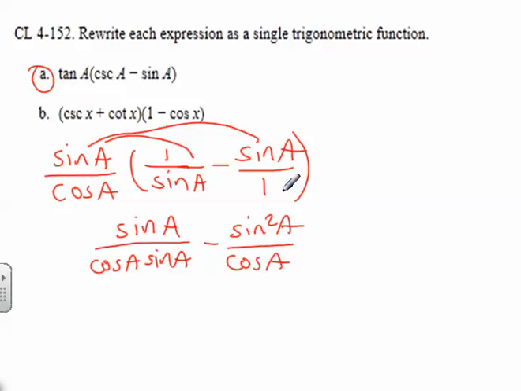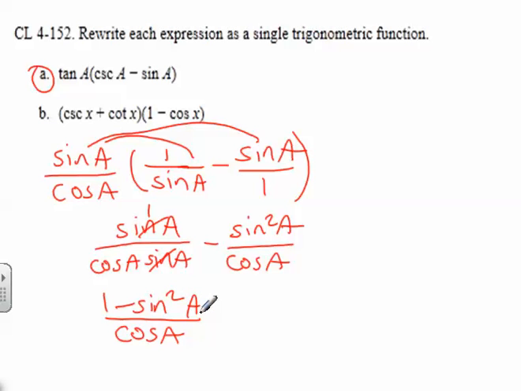And then I need to simplify a little bit. I've got a sine here and a sine here. Sine divided by sine is going to cancel, and I end up with 1 over cosine. So I have a common denominator, yay. So I've got cosine of A as the denominator, and 1 minus sine squared of A as the numerator.